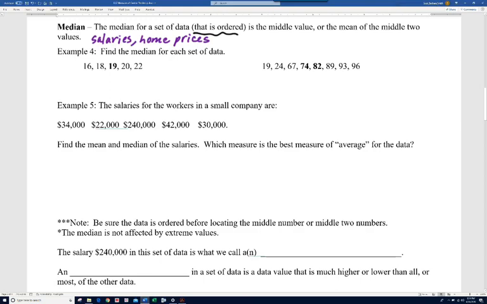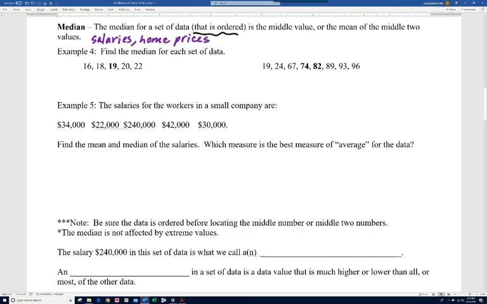And then the same thing's true with home prices. You have really extreme values, people that have multi-million-dollar homes, and then you have people that are in homes that are worth very little. And so it's usually better to look at the median when you're looking at things like salaries and home prices where you have extreme values.